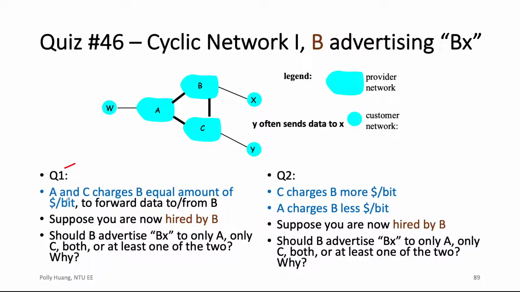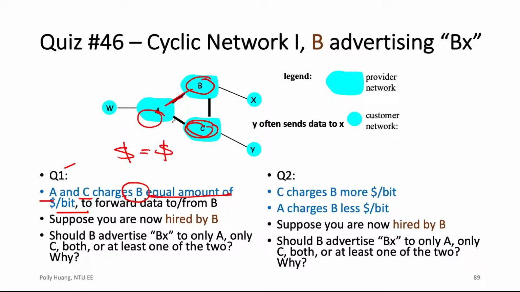Q1 is asking, A and C charge B the equal amount of money to forward data to and from B. So C says, I'm going to charge you this much to forward in or out. A says, let me charge you the same amount of money, per unit, in and out for you.